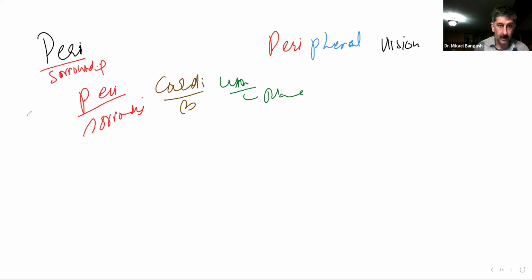Mainly because it was a structure they saw that was surrounding the heart. So peri was the word for surrounding, and what it was surrounding in this case is the heart. So that structure was over there, and they called it the pericardium.